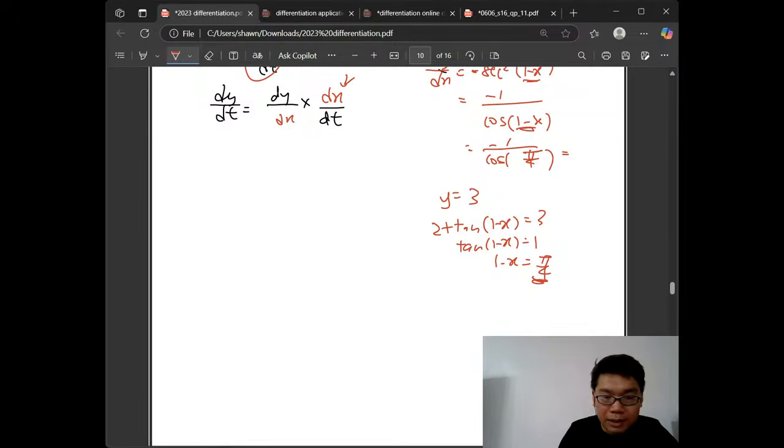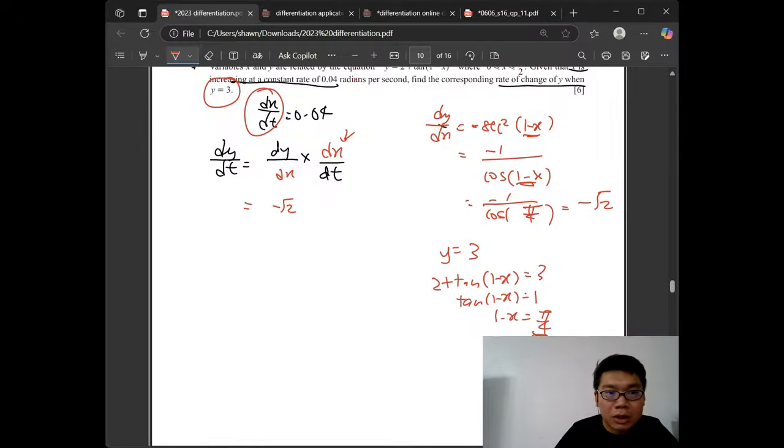Or you can do -1 divided by cos pi over 4. So for this question you should get negative square root of 2. So dy/dx you get minus square root of 2. And then, oh, sorry, my bad. You have a square.